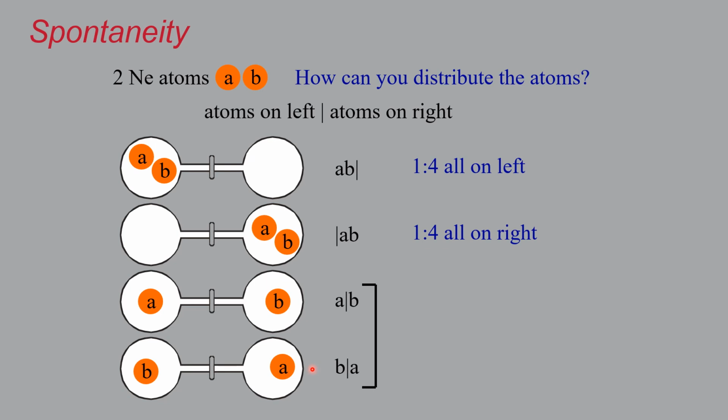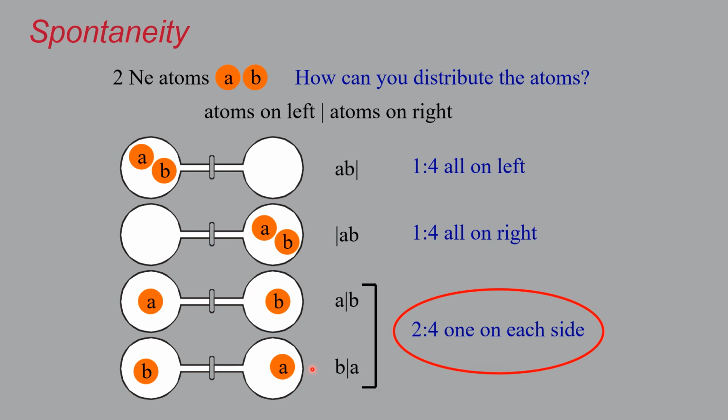Now, but you can't tell between these two probabilities. So what you would say is that you have a 2 in 4 chance of observing a configuration where there is one on each side, where they're equally split up. So the distribution where they are evenly distributed throughout both bulbs is more probable.